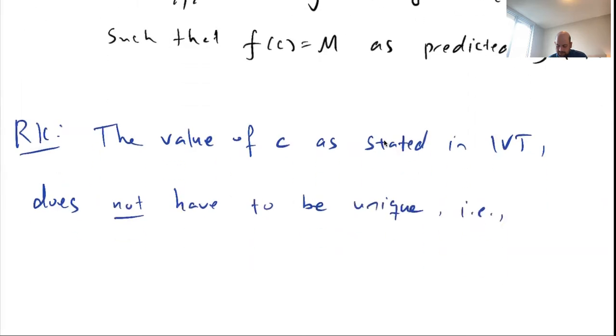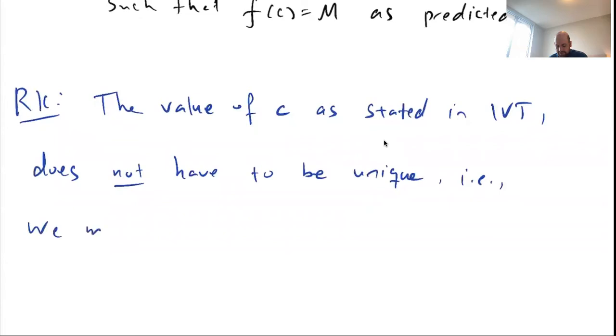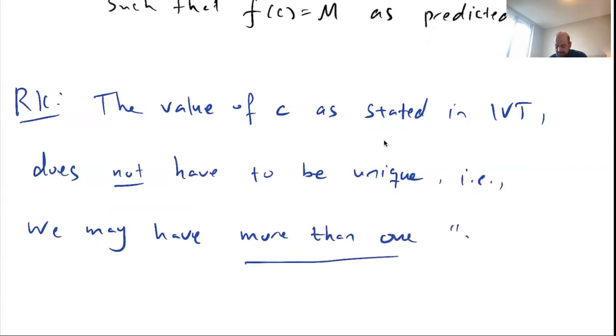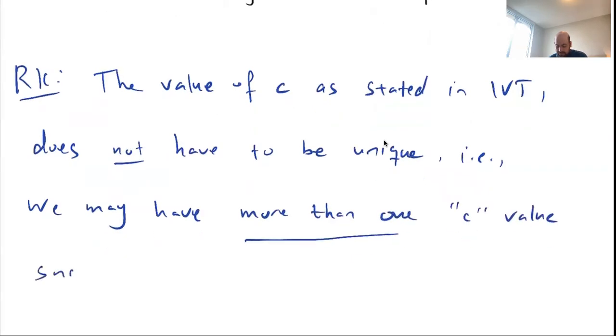In other words, we may have more than one c value such that f of c equals m. You can have more than one c value with f of c equals m.